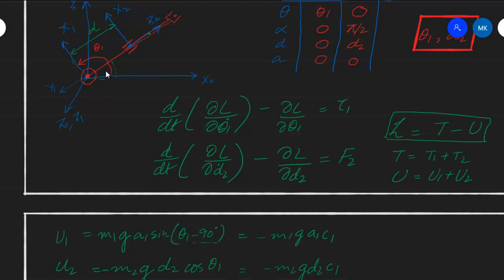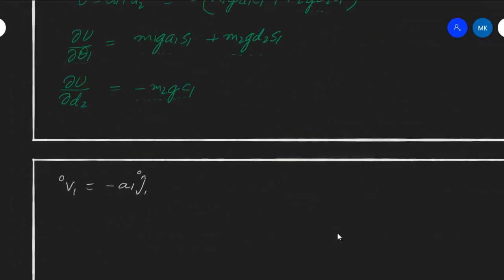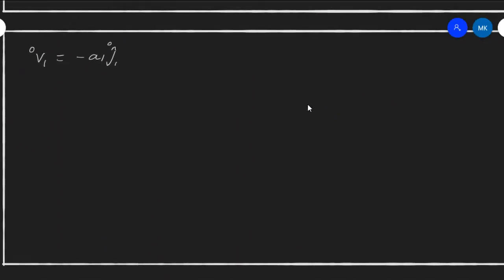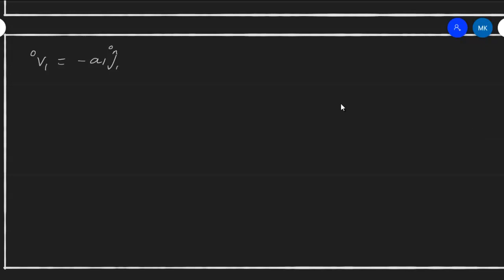Obviously your position vector of the center of mass would now be towards minus j. If the length to the center of mass is a1, it will be a1 times minus j, and the time rate of change of that vector will give us the linear velocity of the mass center. That's why v1 of 0 is equal to minus a1 j1 dot of 0, and it has a dot because it is the time rate of change of this position vector.